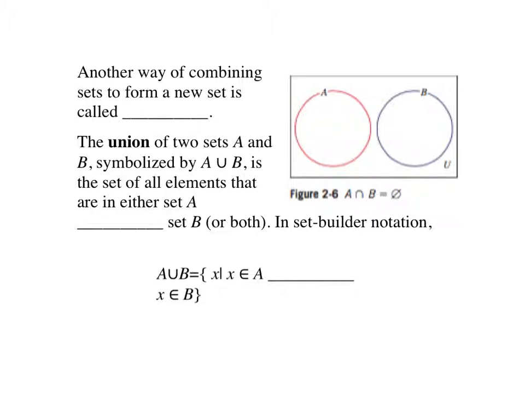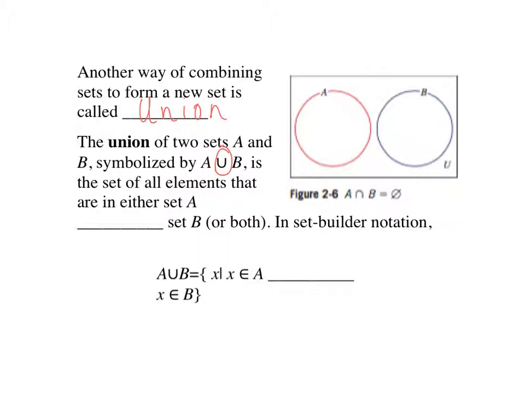So that's intersection. If we look back at our previous example, there's another way of combining sets to form a new set, and that's called union. Union, in my opinion, is relatively easier. Literally, just add these two sets together, and it's also using the symbol U, so it's all consistent.